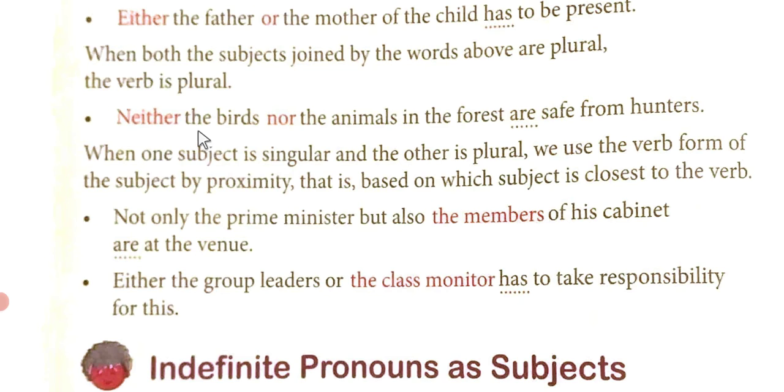Example: neither the birds nor the animals in the forest are safe from hunters. Here, students, both the subjects, the birds and the animals, are plural, because there is more than one bird and more than one animal.